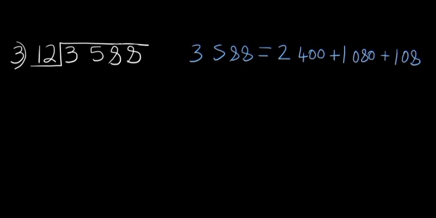Then first we're going to subtract 200 groups of 12, which is 2,400. So 2,400 and 2,400 will cancel. And then we bring the remainders down.